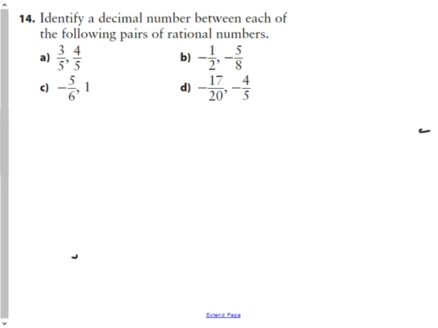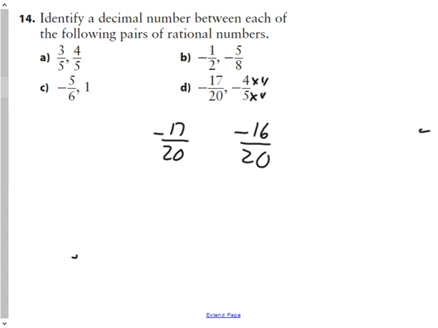And finally, -17/20 and -4/5. For this one, we can convert them both to fractions. Let's do the fraction one again. So -17/20, and an equivalent fraction of -4/5 that has that denominator is -16/20. And you're like, gosh darn, I can't.